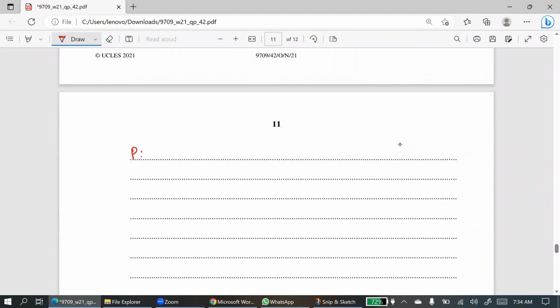First of all, we will find out the acceleration of P. The force in the direction of motion is mg sine theta, and the force opposite is mu R, is equal to m into a.